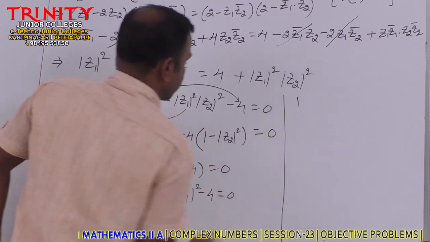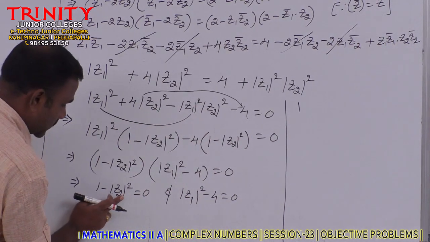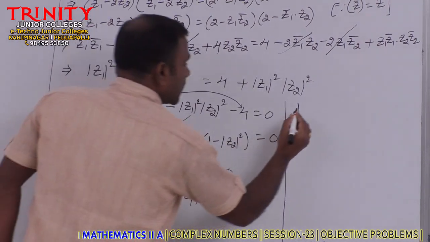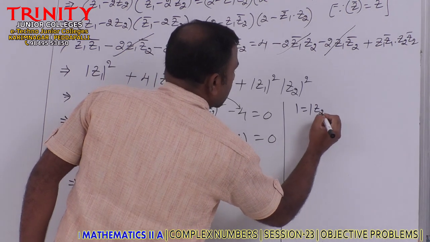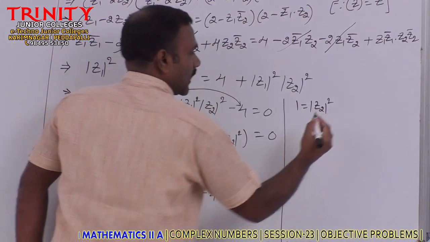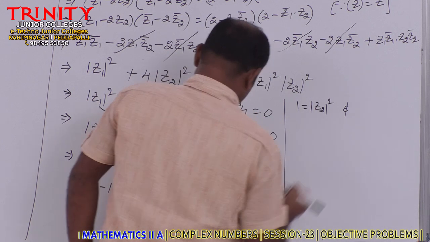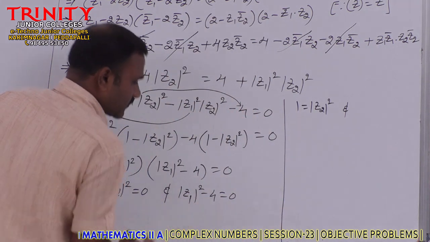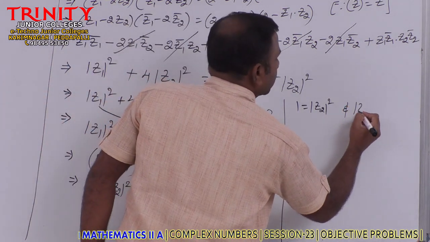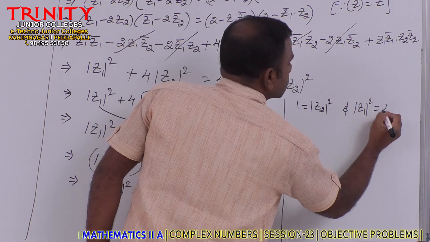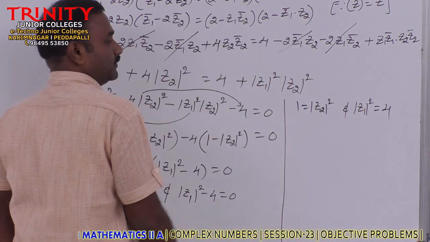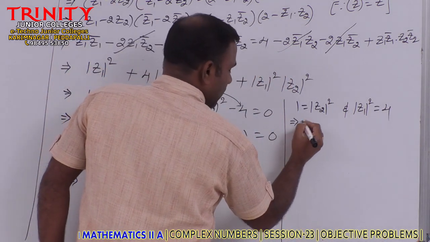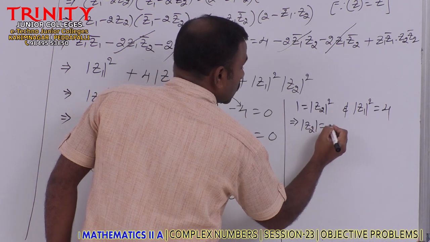From 1 minus mod Z2 square equal to 0, we can write 1 is equal to mod Z2 square. And mod Z1 square minus 4 equal to 0, mod Z1 square is equal to 4. From this we can say that mod Z2 is equal to 1.